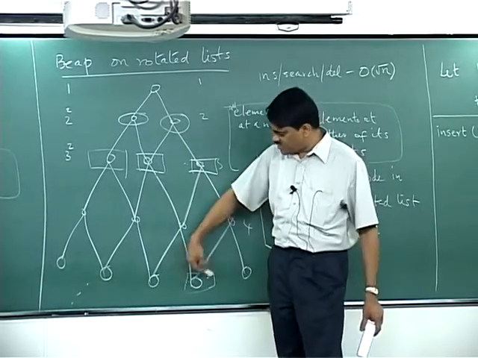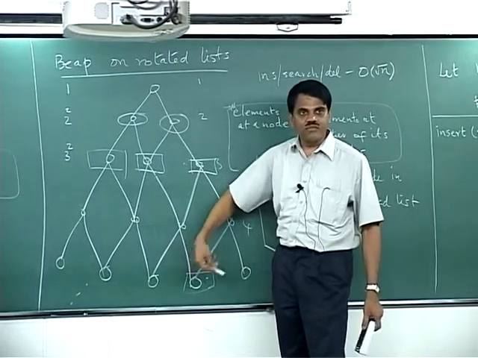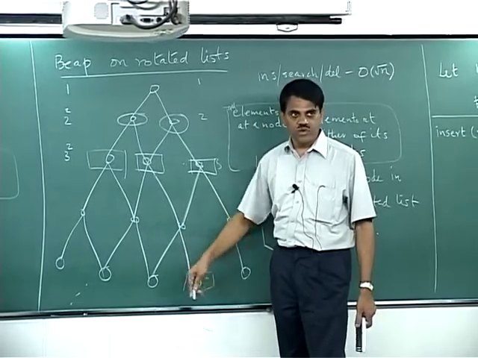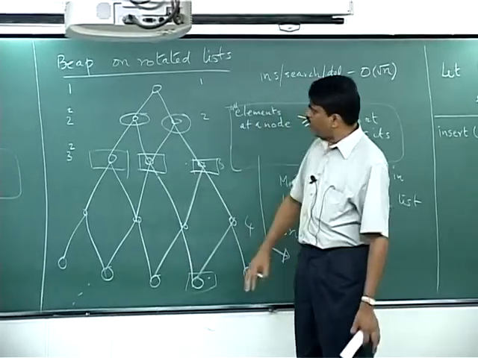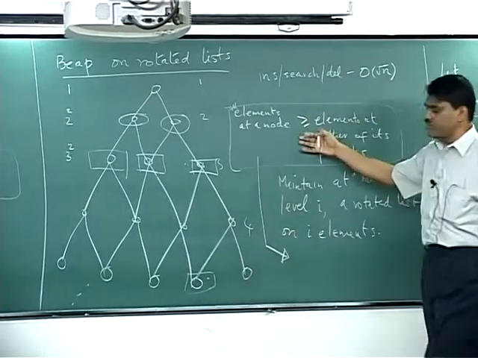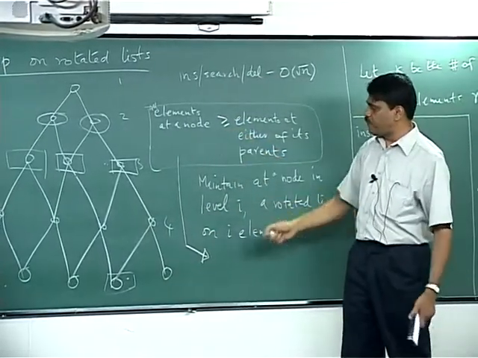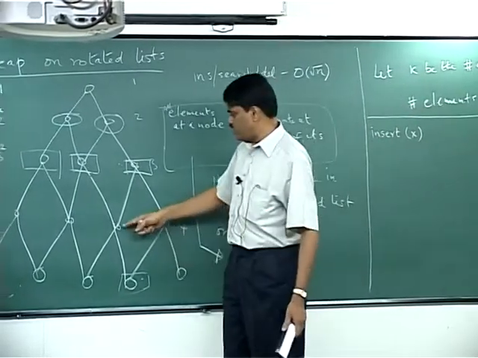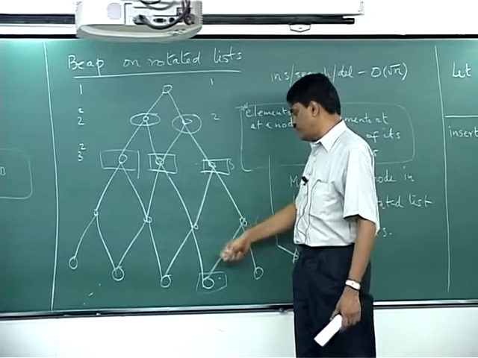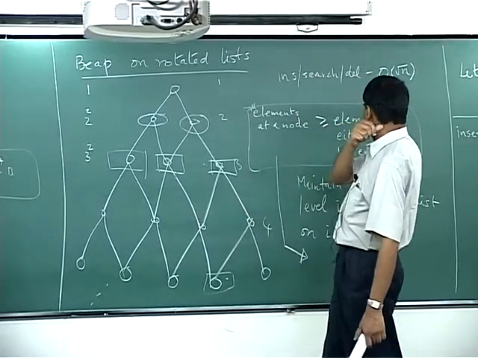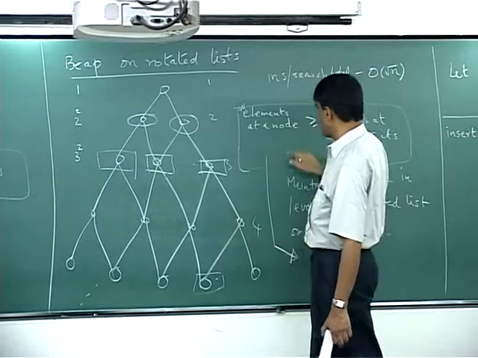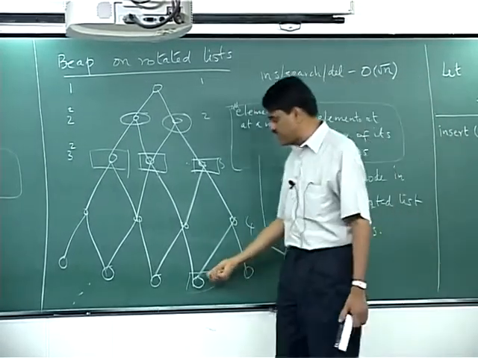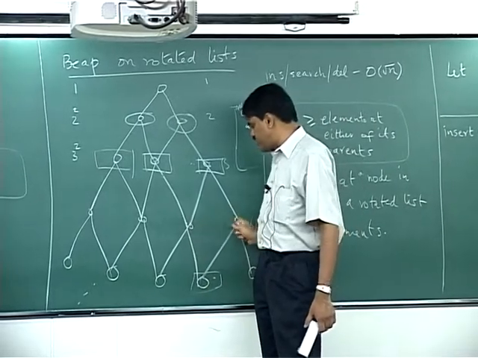Okay. That insertion would involve moving all elements in that block of size at most n to the 1 by 3 order, and I may have violated this property, because this element I inserted could be smaller than some element in the parents, yeah, because I want all elements at a node to be greater than or equal to elements at either of its parents. So, it is possible the element inserted is smaller than some element in the parent.